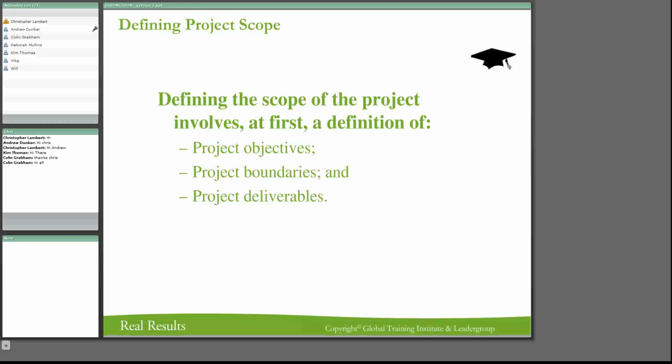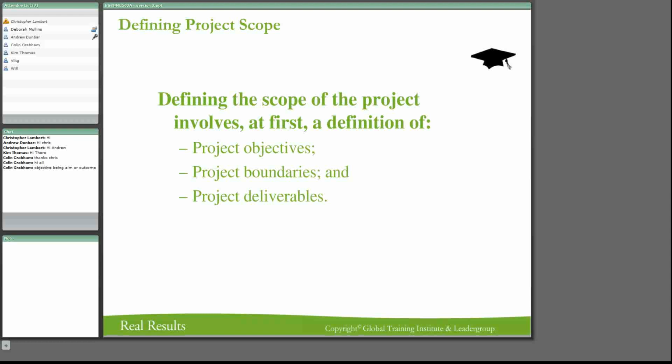Can anybody give me an idea of what project objectives would be and what the difference between a project objective and a project boundary would be? We've got quite a few of you on here. If someone would like to just give me an idea, put up your hand. Anybody want to try and define the difference between an objective and a boundary?